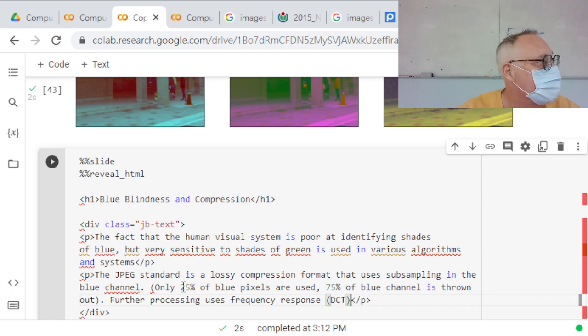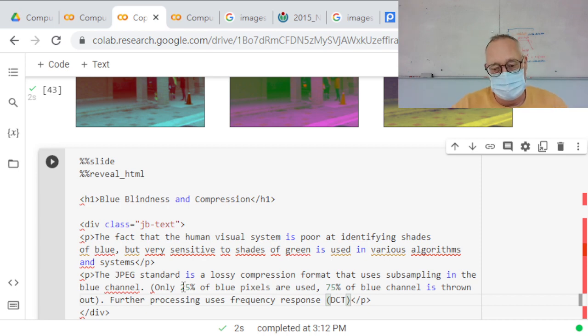So then, the other fact about the human visual system is that actually detecting absolute values, it is not very good, but it's very good at detecting contrast, like small subtle changes.